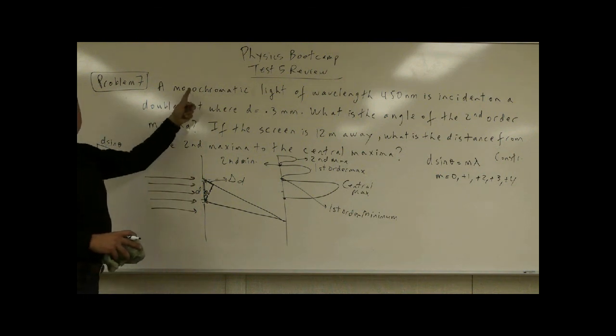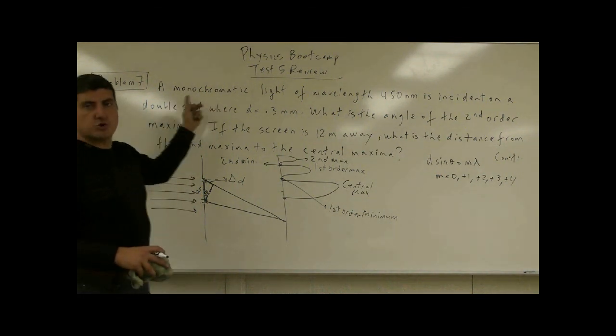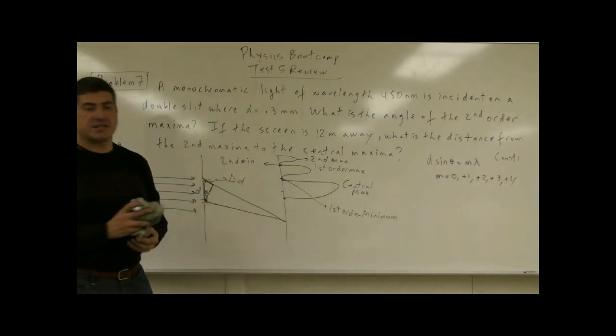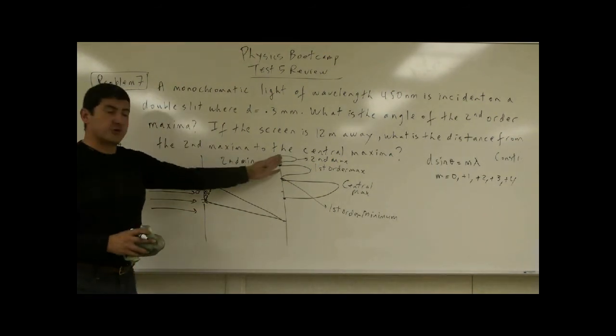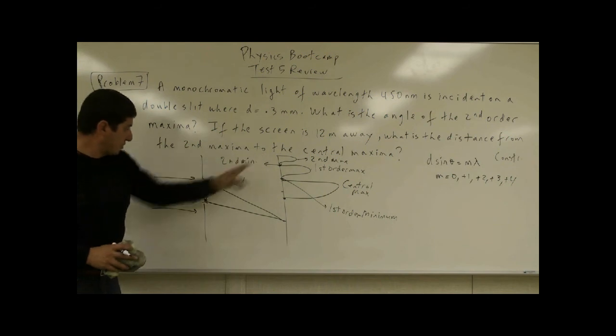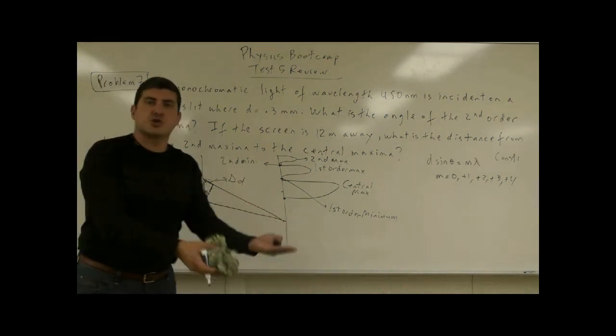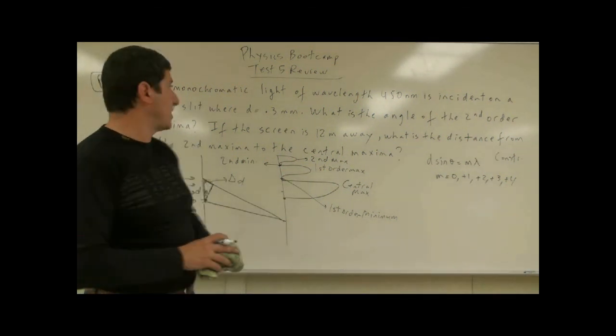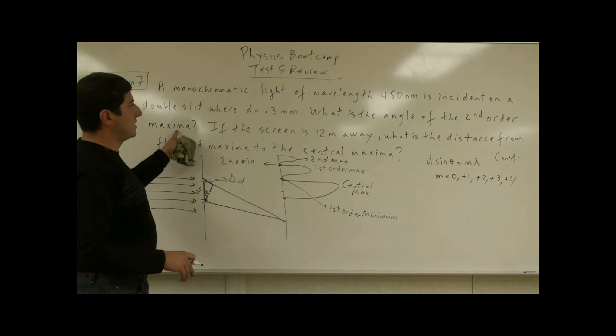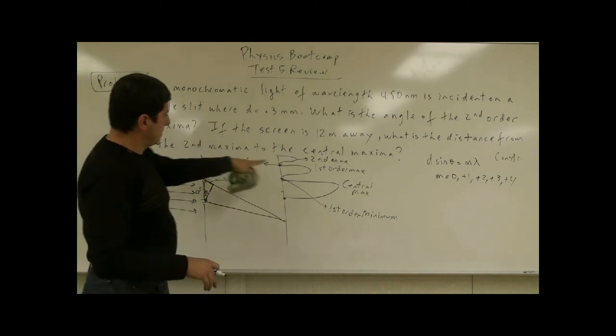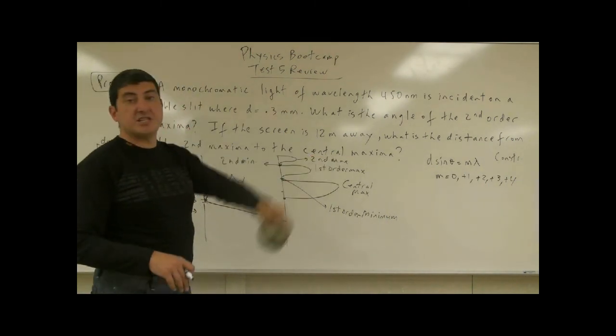That's what monochromatic means: everything is the same wavelength, right? The same thing is true for the bottom. The bottom ray travels an extra distance, d sine theta, and if that extra distance is an integer multiple of the wavelength, you get a maximum, right? So in this case, we want the second order maximum. Second order maximum is m equal to 2.